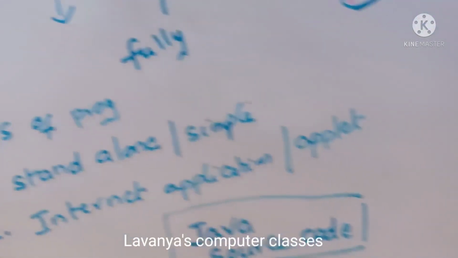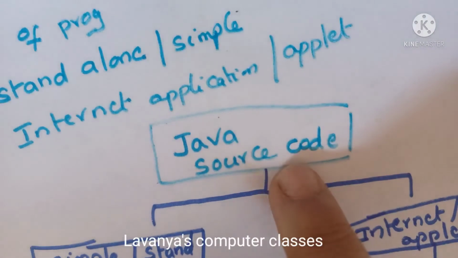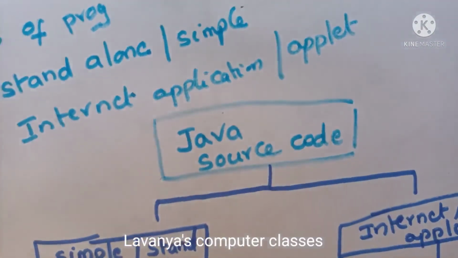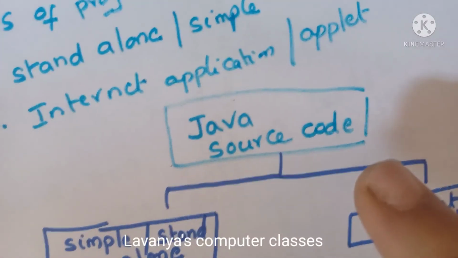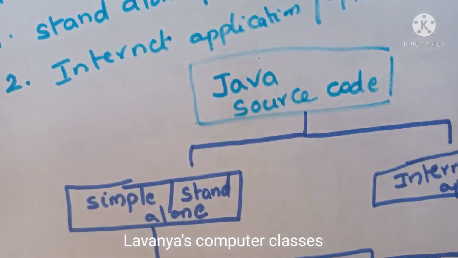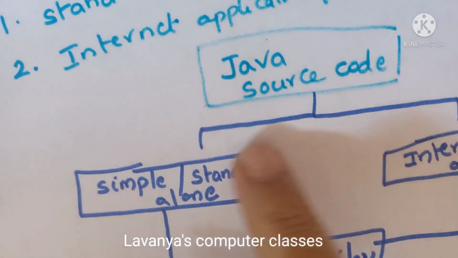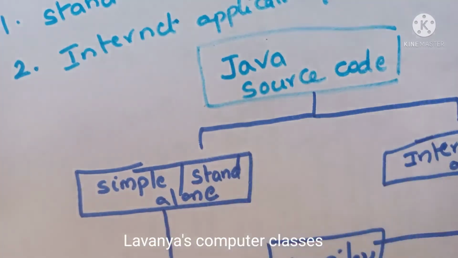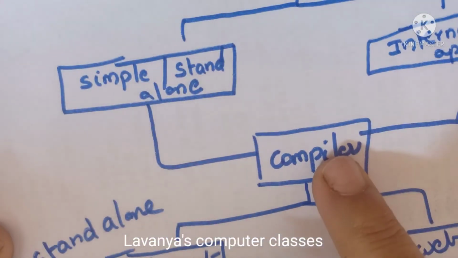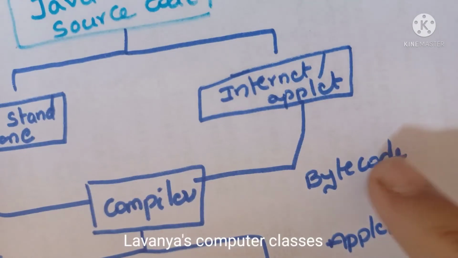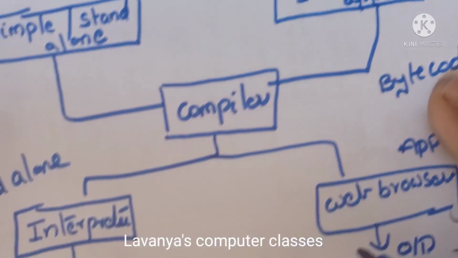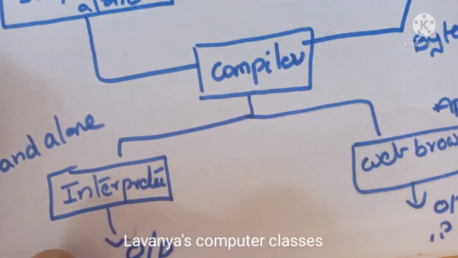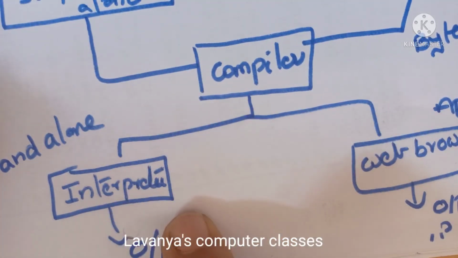Whatever it is, any source code program is compulsorily converted into machine level language by a compiler. But Java has a special feature. It is not converted directly to machine code. First, depending on whether it is simple standalone or internet application, using the compiler it is converted into bytecode. After converting into bytecode, depending on the program, if it is a standalone program we need an interpreter.